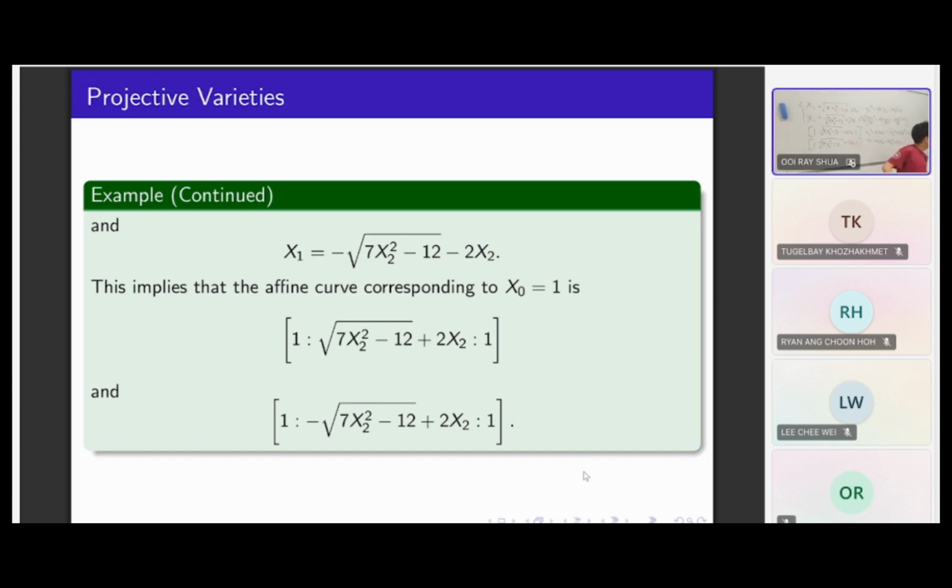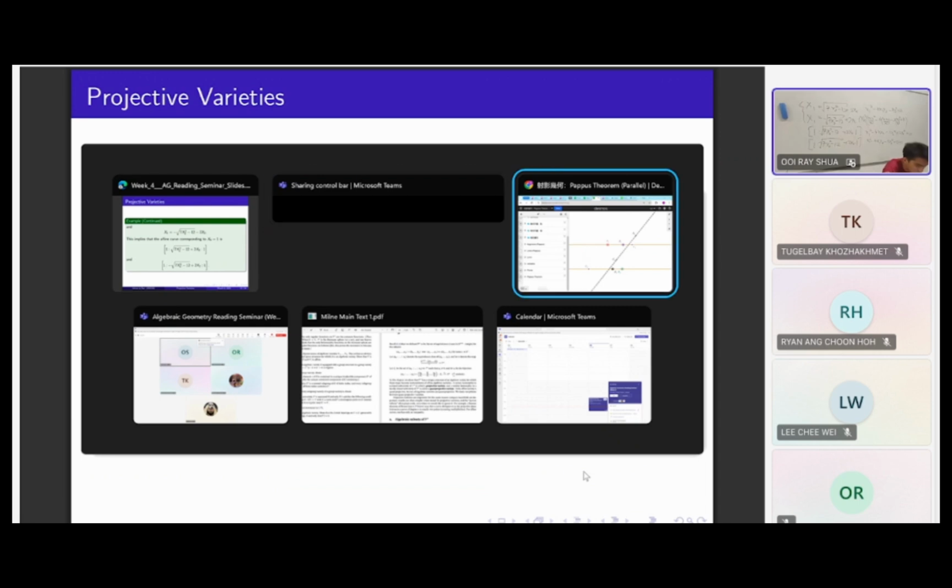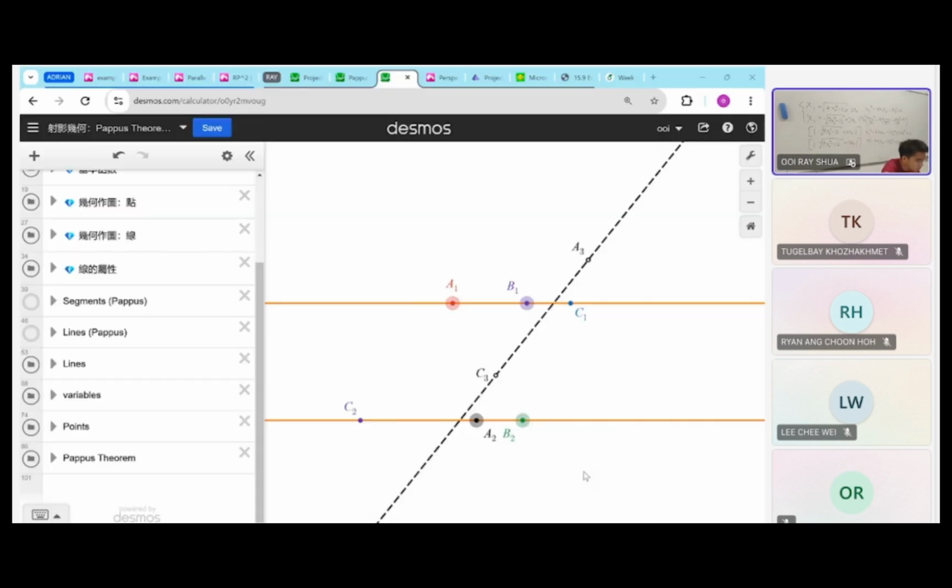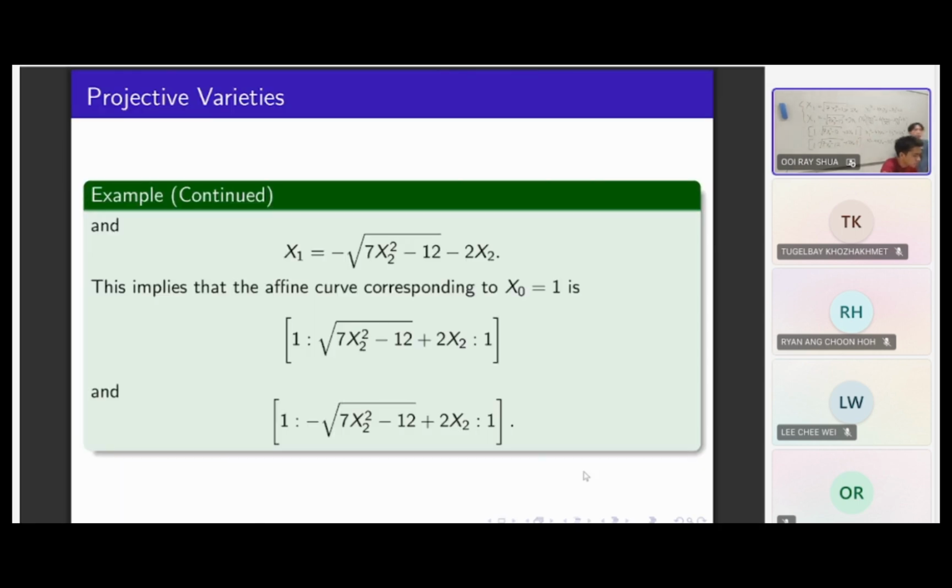x0 is free. I mean, you can take anything for it. So it's like one class. You pick x0 to be one, but you didn't pick x2. Yeah, this is free. So it could be x2.